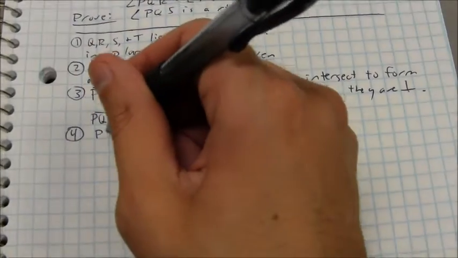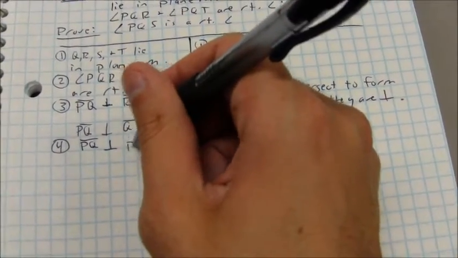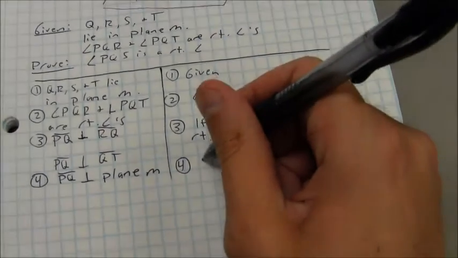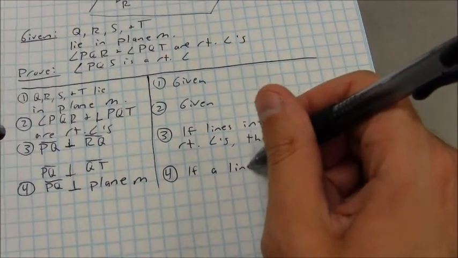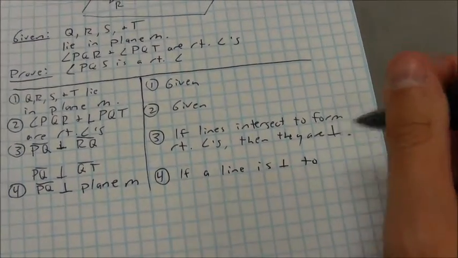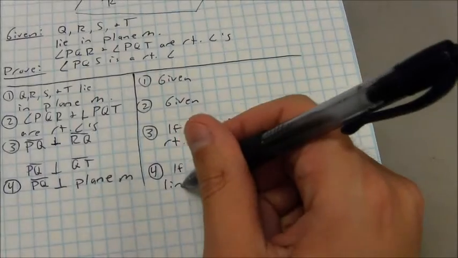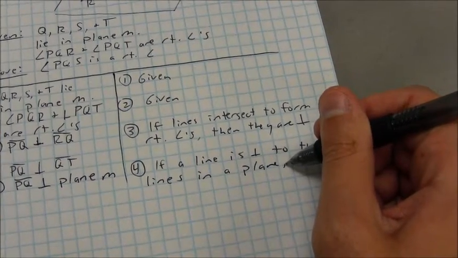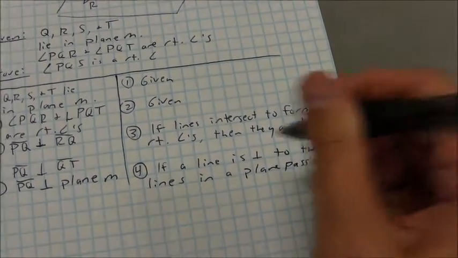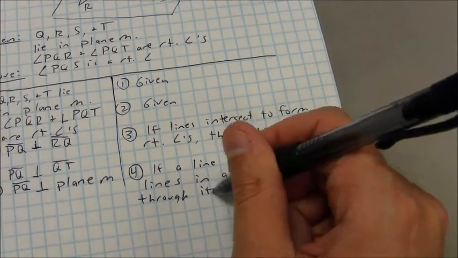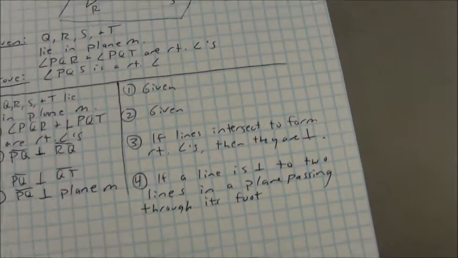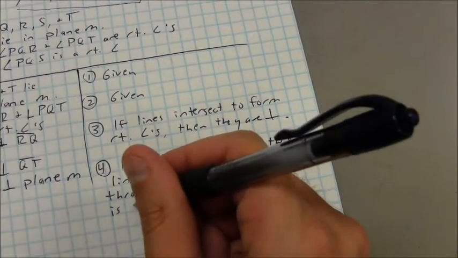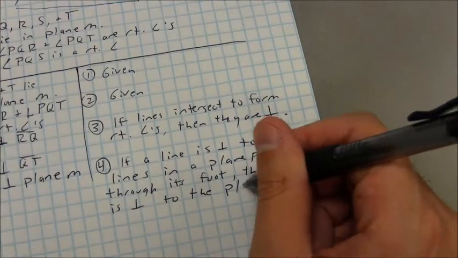So now I can say that PQ is perpendicular not only to those two lines, but to plane M, and the reason being, if a line is perpendicular to two lines in a plane passing through its foot, and if you don't use this book, that's passing through the intersection point with the plane, which is Q, then it is perpendicular to the plane.